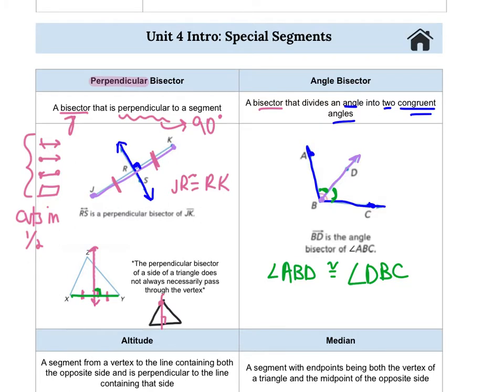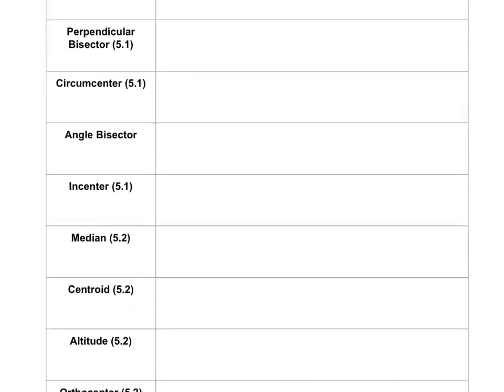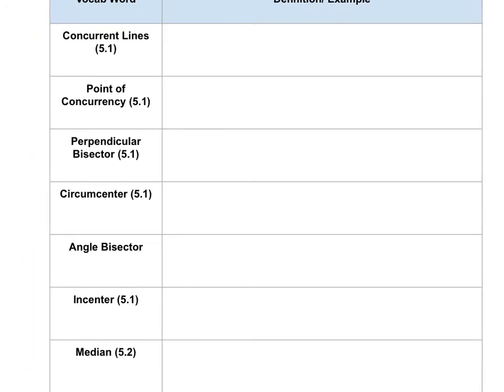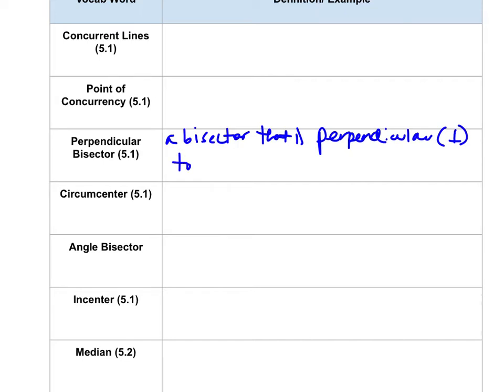Before we move on, I want to emphasize the vocabulary. We're going to work on vocabulary this unit as we go, instead of visiting all of it at the beginning. So perpendicular bisector goes up here in our vocabulary slide. Remember, we determined that to be a bisector that is perpendicular. The symbol for perpendicular is that to a segment.